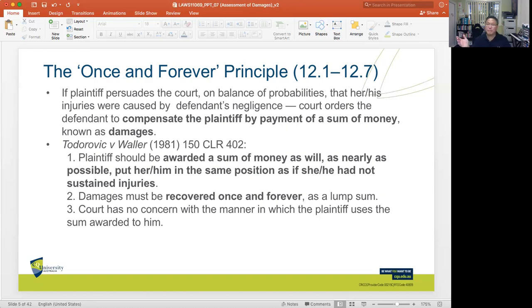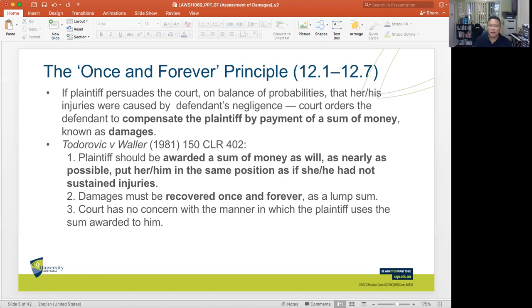Let's assume that at some point the carers of the plaintiff decide it will actually be better for the plaintiff, or it might be cheaper, if the plaintiff were to be cared for at home, so that the cost, instead of being $300 a day, only becomes, let's say, $100 a day. Would that mean that the amount of damages has to be changed? And the answer is no, because as we said, damages are recovered once and for all. It doesn't have to change.